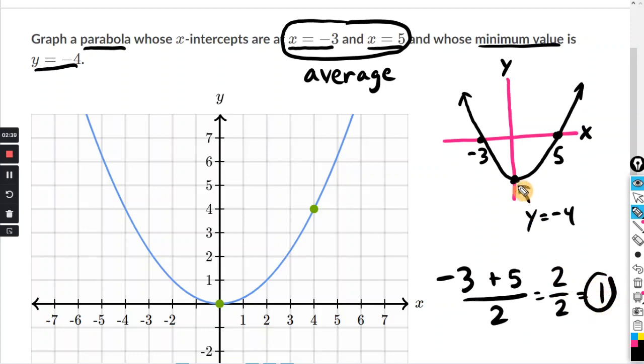So this point here is y equals -4, but it's x equals 1 because it's going to be exactly in between these 2 points. So the axis of symmetry is going to be like so. So y equals -4, x equals 1, and that's going to be the minimum point.